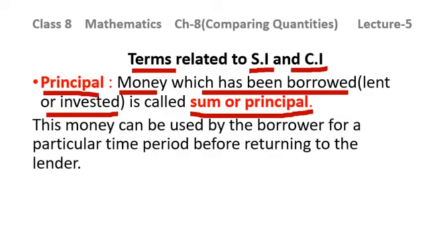This money can be used by the borrower for a particular time period before returning to the lender. Obviously, when you are borrowing some money from someone, it is to be given back after a particular time period. So the money which has been borrowed, lent or invested is called sum or principal, and it can be used by the borrower only for a particular duration before returning to the lender.